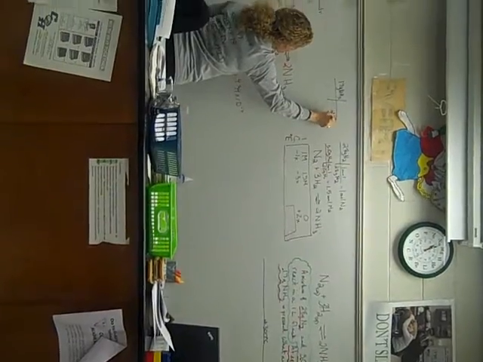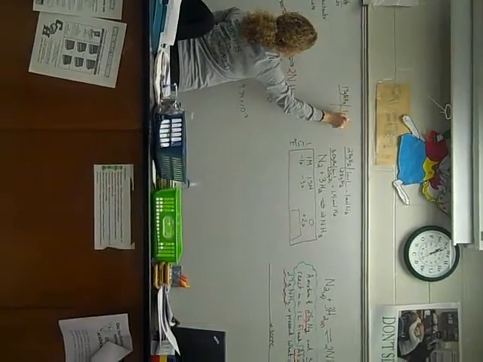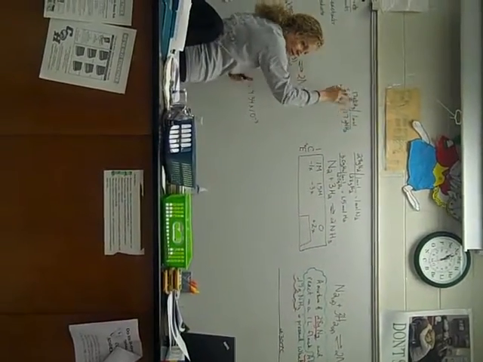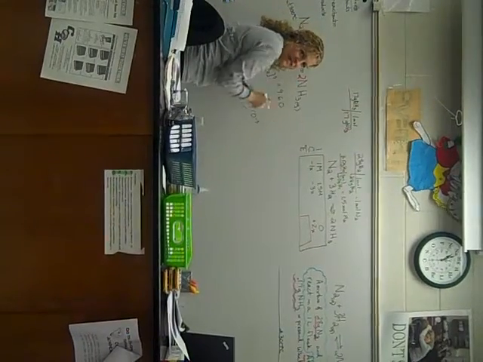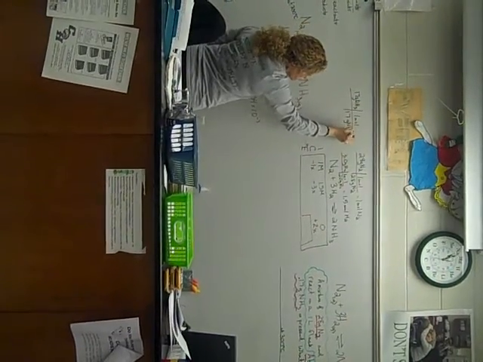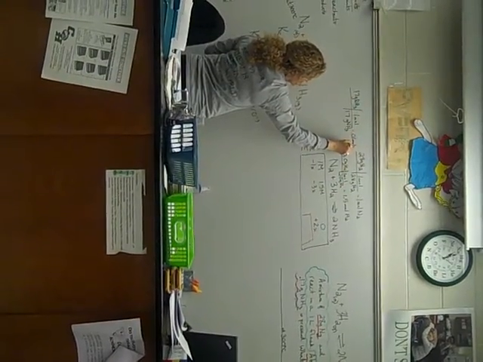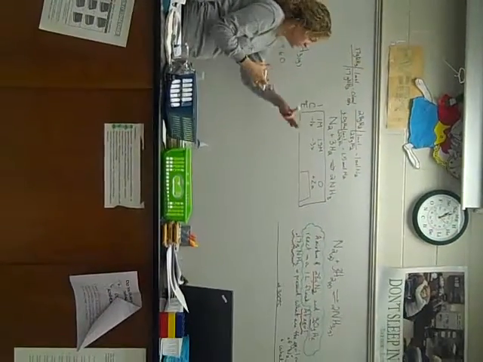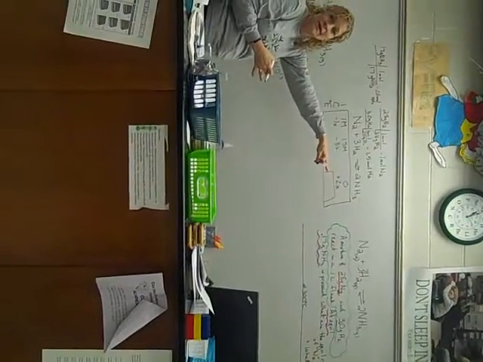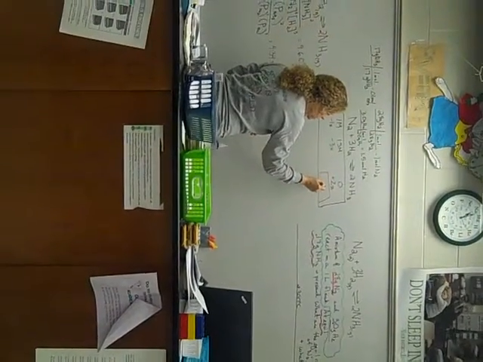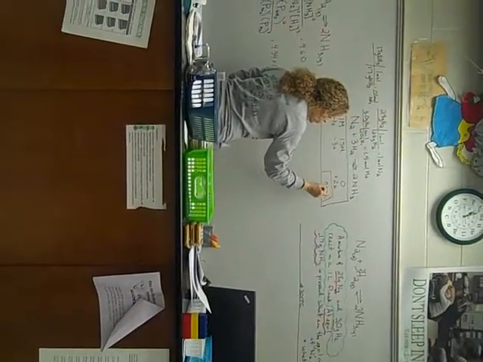What's the molar mass of NH3? 17. It's 17, not a coincidence. So 0.17 divided by 17 is what? 0.01. 0.01 moles of NH3, and so our molarity, it's still a 1 liter flask, is 0.01 molar.